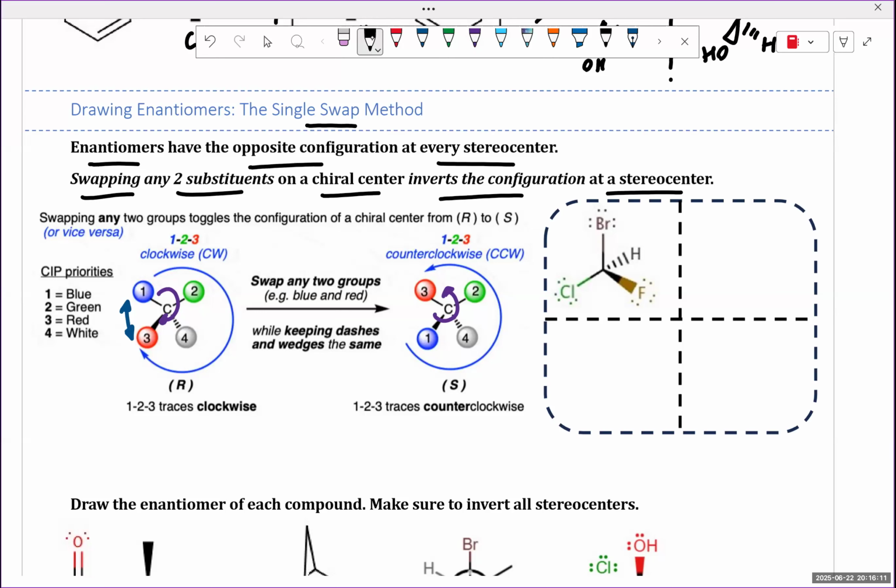What I want you to recognize is that swapping any two groups inverts the configuration at a stereocenter. So we can use this to draw enantiomers. If we have just a single carbon stereocenter and want to draw the enantiomer, which has the opposite configuration at that stereocenter, all we have to do is swap two substituents.